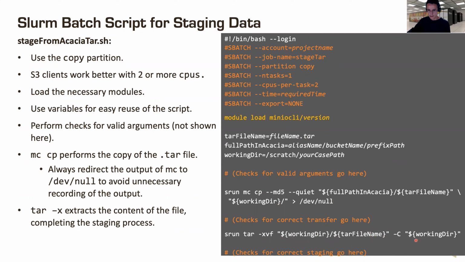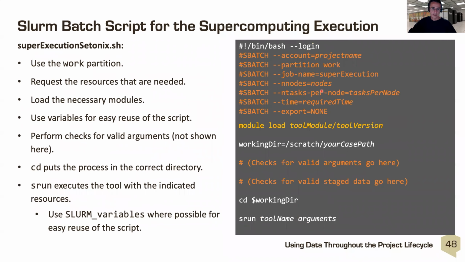And in this case, as part of the tar command, I'm saying where the files that are in that tar file are going to be written with this -C. So basically, this is an example of copying from Acacia and untarring, a job submission to the copy queue, to the copy partition.